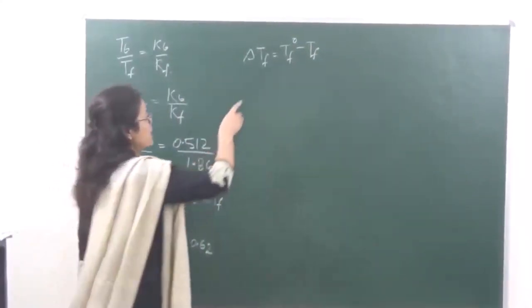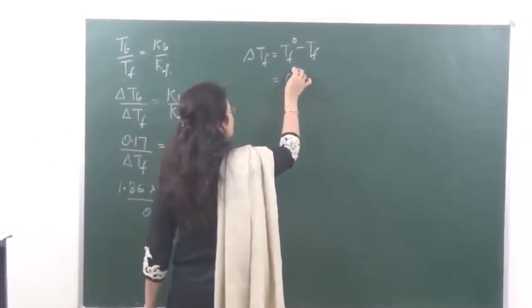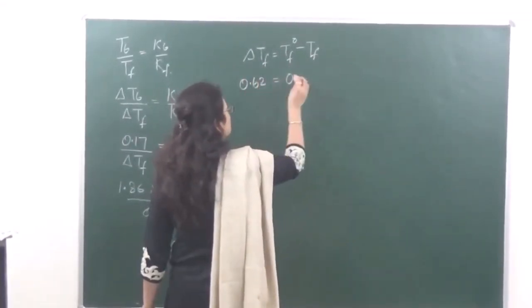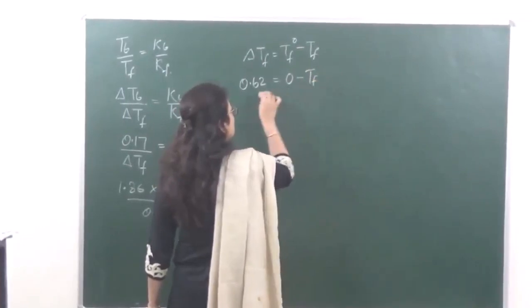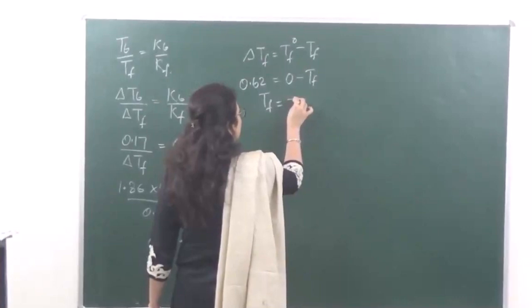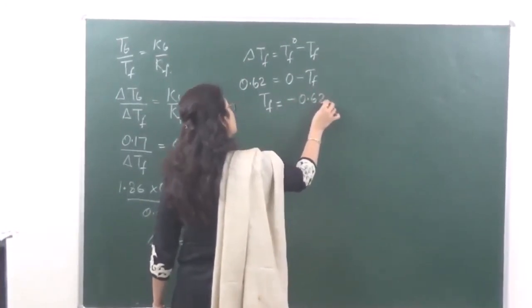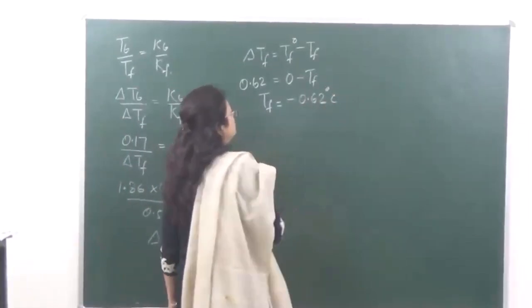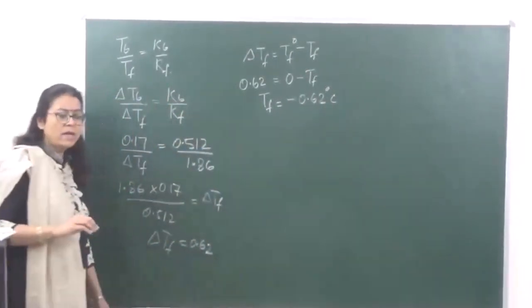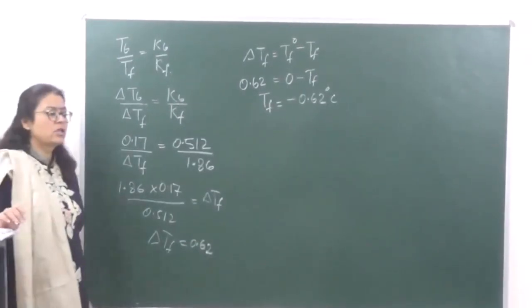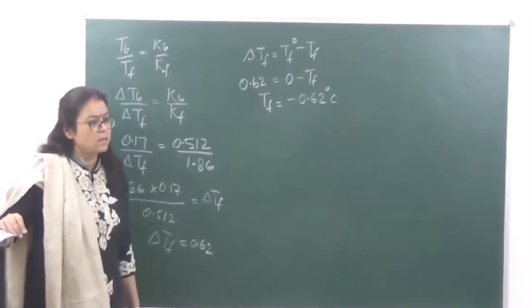Let's say Tf naught is equal to 0 degrees and delta Tf is 0.62, so 0.62 equals 0 minus Tf. So Tf becomes equal to minus 0.62 degrees Celsius. So this was the error in that question. Please rectify. This is question number 6 in the last lecture, the lecture which we did yesterday.